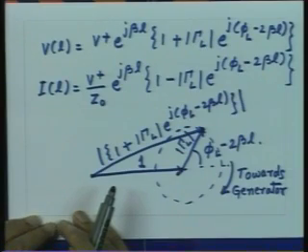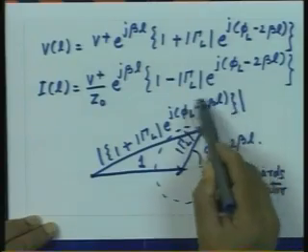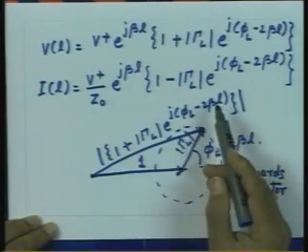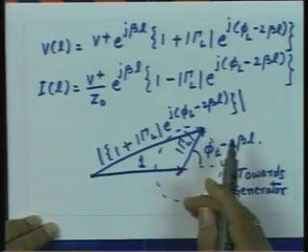The thing to note here now is that when it moves on the circle, at some phase when this quantity is 0 or 2 pi or 4 pi, e to the power j 0 or e to the power j 2 pi or e to the power j 4 pi, that is equal to plus 1.